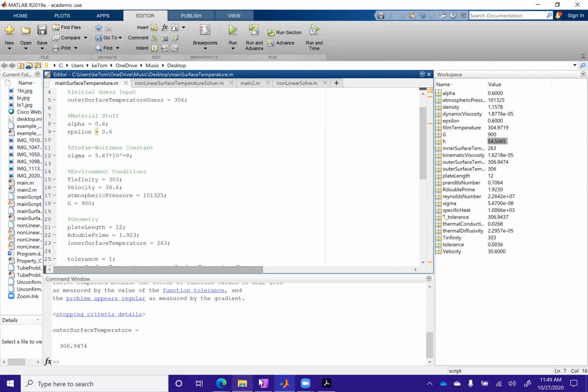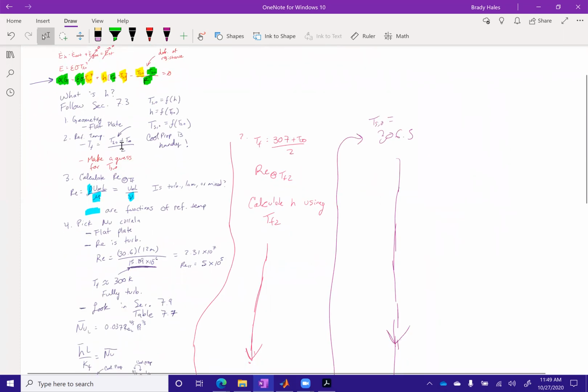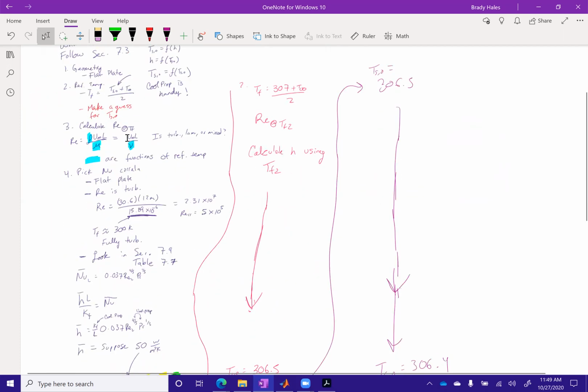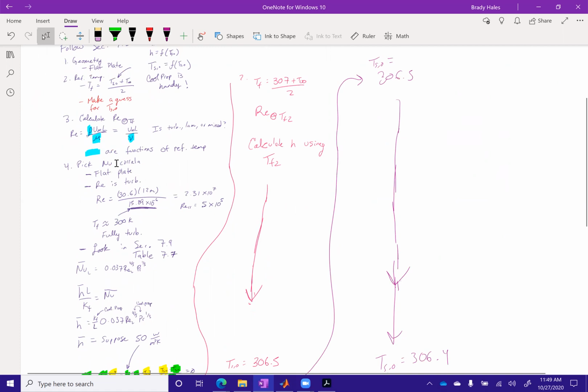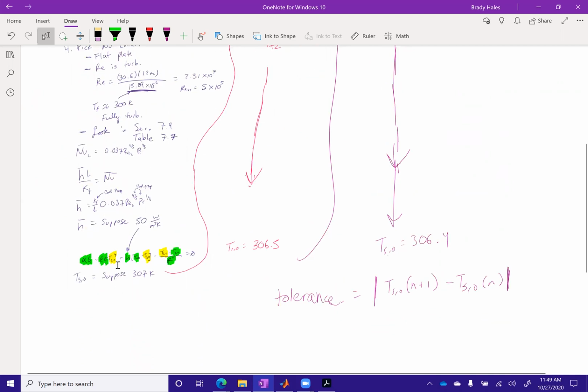Okay. So again, we look at our problem, right? We do an energy balance, 1 equation, 2 unknowns, solve for H, make a guess for T initial, use Reynolds and Prandtl, pick a Nusselt correlation using table 7.7 and section 7.9. Calculate all those numbers, calculate H, use H, calculate TS naught.